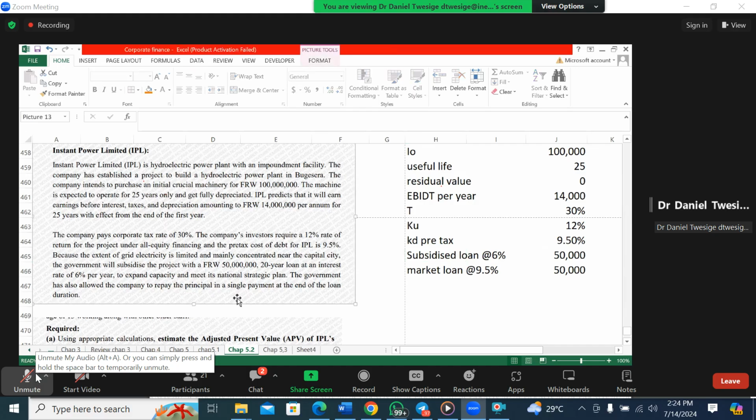That's the challenge we are facing for the market loan. Is it also 20 years or is it going to be 25 years?